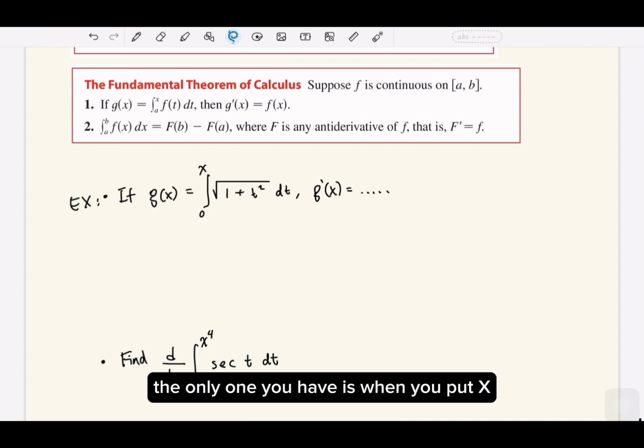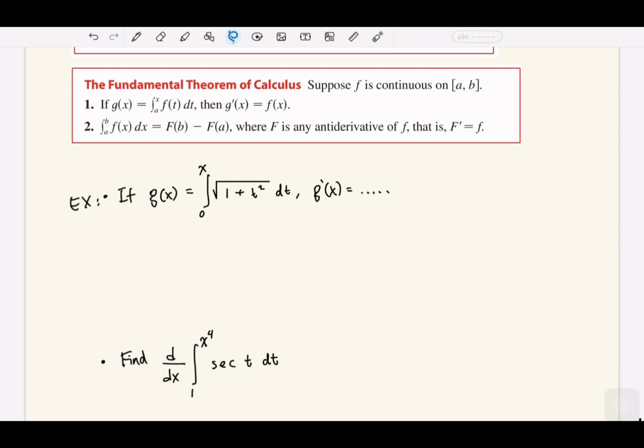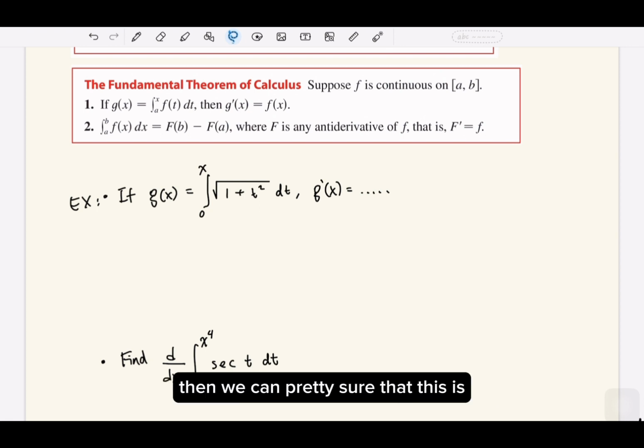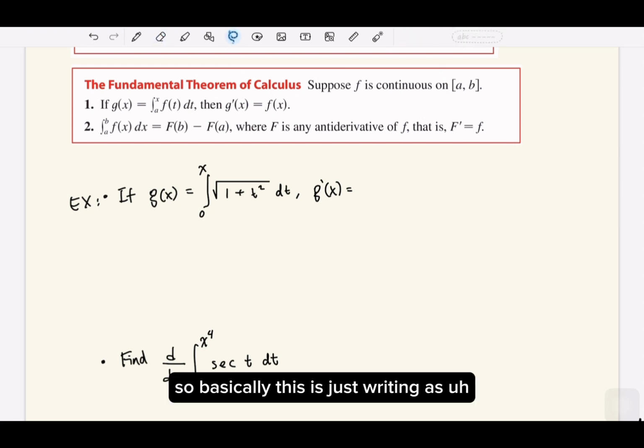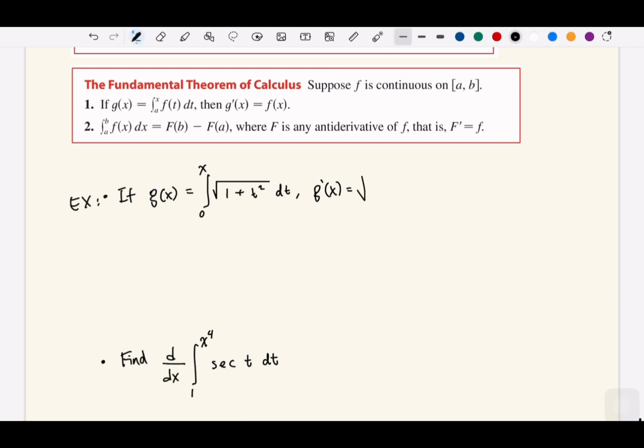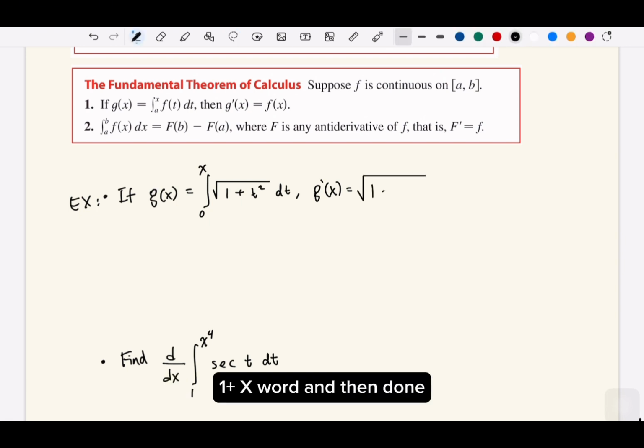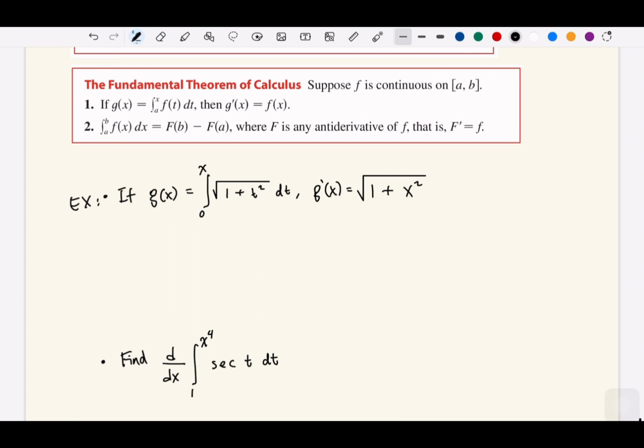The only one you have is when you put x. So put x here, then we can be pretty sure that this is basically just substituting x into t squared, right? So basically this is just writing as 1 plus x squared, and then done.